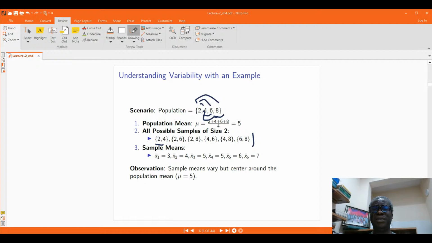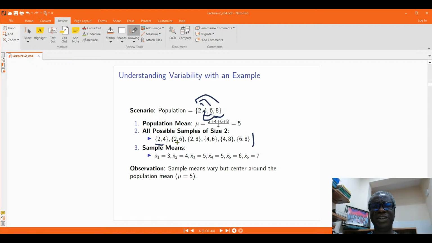Just as we computed the population mean, the population average, we can also compute the sample average for each of these samples. So here this sample average is 3, that's x bar 1.